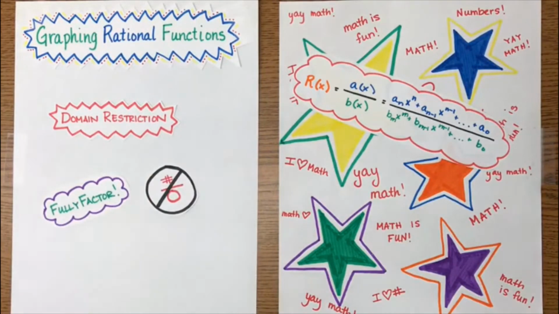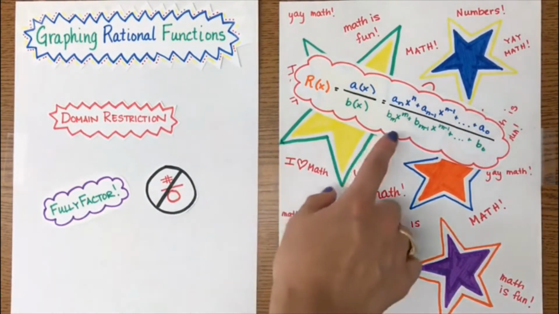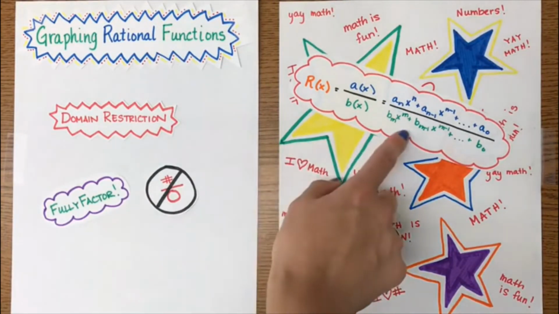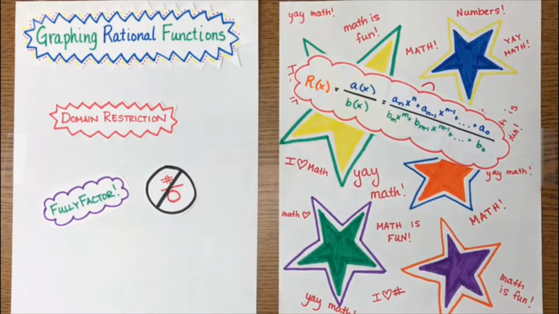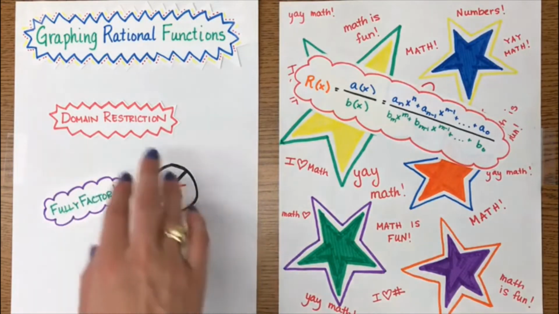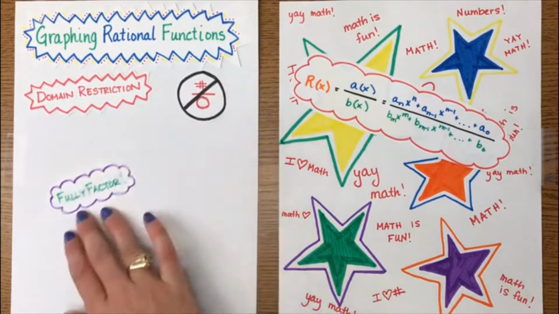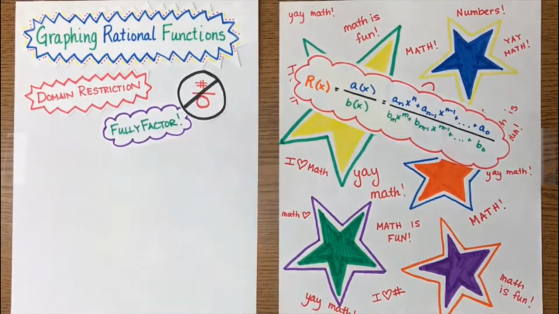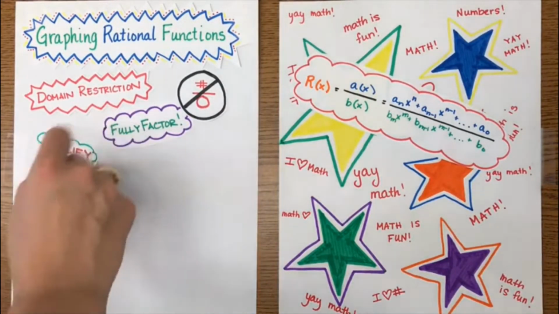In order to find those, we're going to fully factor our equations. So we want the numerator and denominator both fully factored. Right now, the denominator is our key thing. Whatever values make our denominator equal to 0 are domain restrictions. Once we fully factor and get our list of domain restrictions, we are going to simplify.